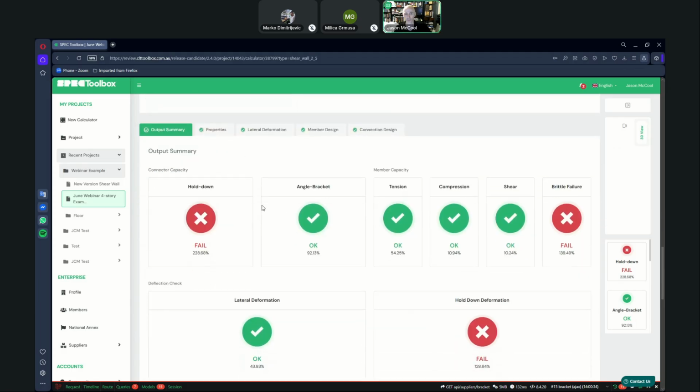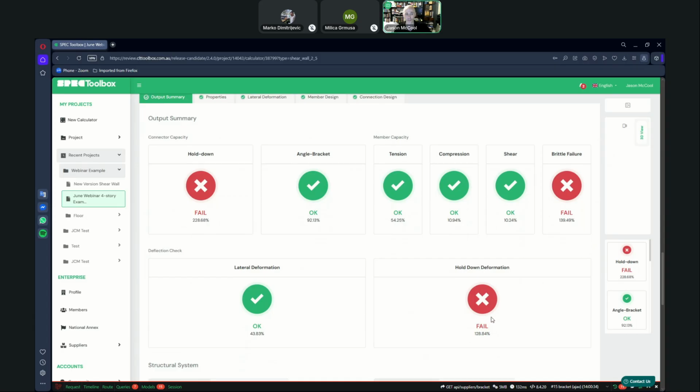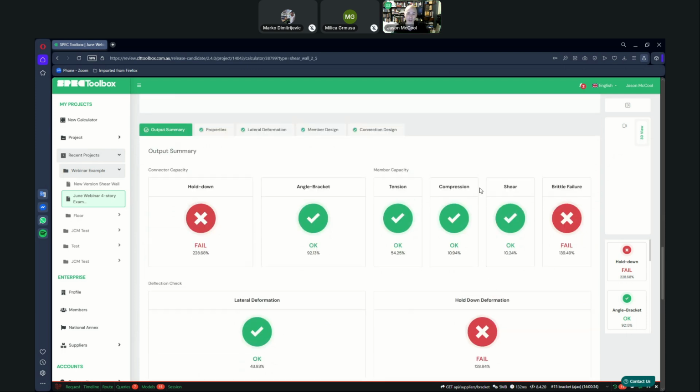Then you've got an output summary here that's going to break down all the different portions of your calcs. The hold down failure, the barrel failure, hold down deformation, none of that's really surprising because I've got 200 kips. That's too much for any hold down on the market. I've done some custom hold downs using that shear walls exception, the R equals 1.5 exception.